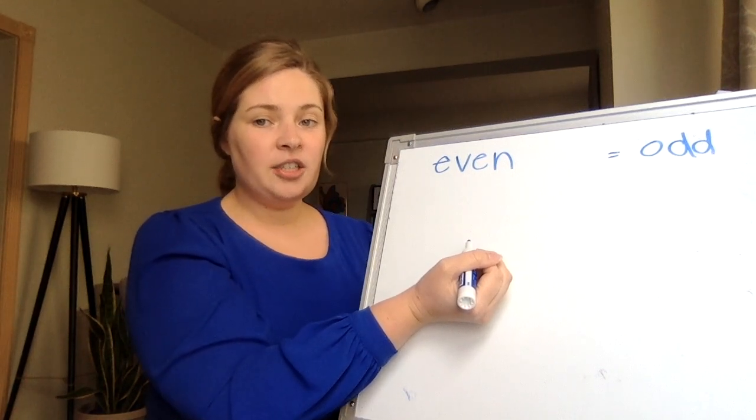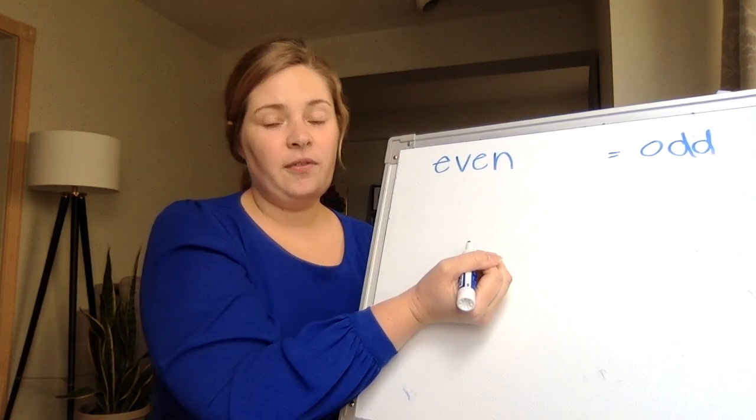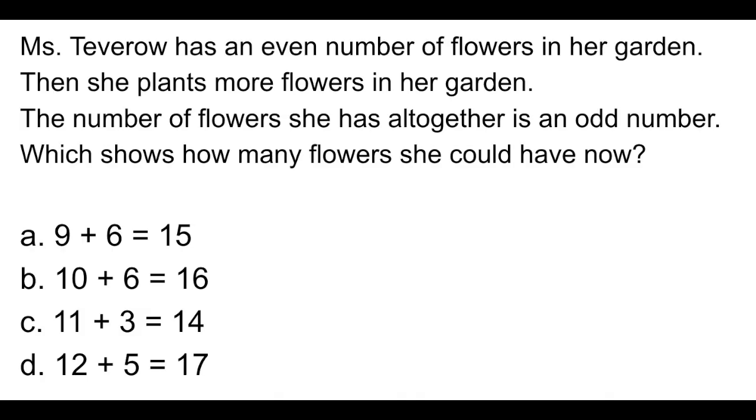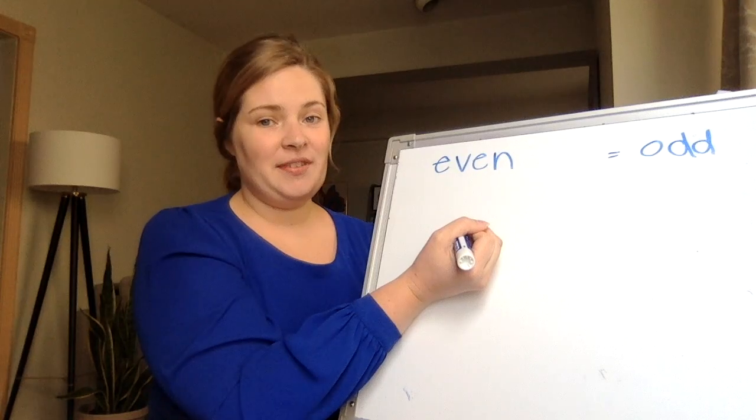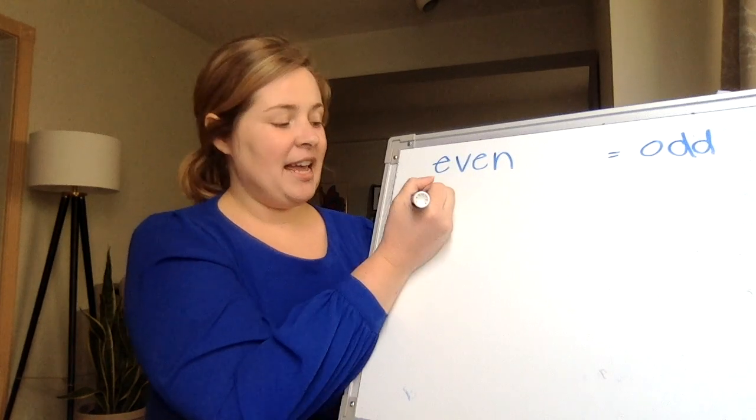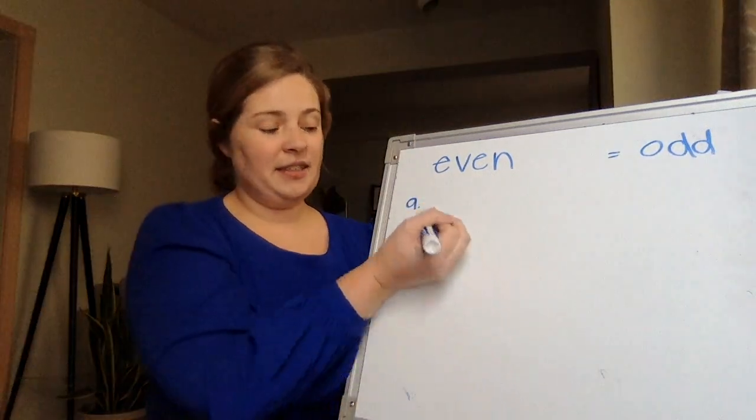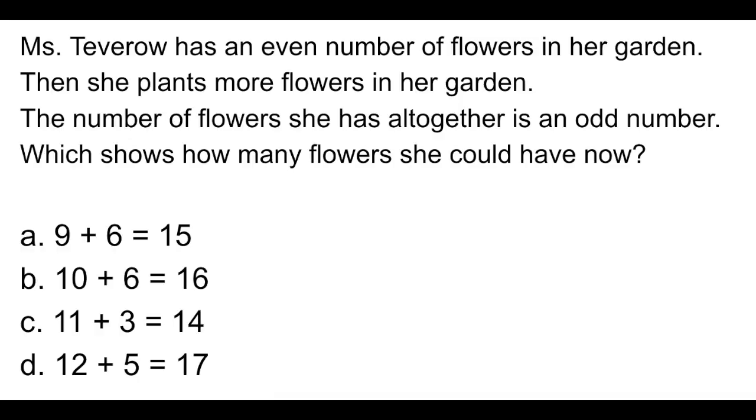Let's look at each equation to see if we can figure out the answer. Is 9 an even number? No, 9 is not an even number. So A will not be the best answer. We could cross it right out.